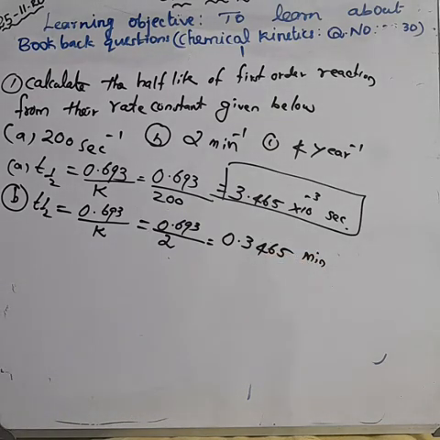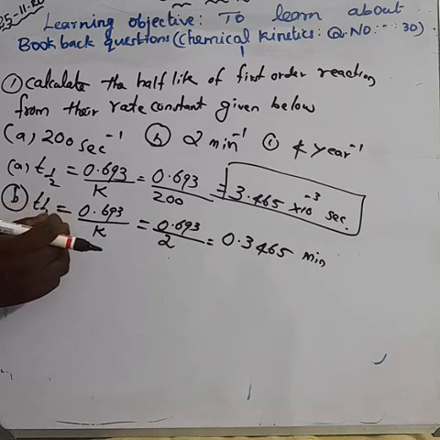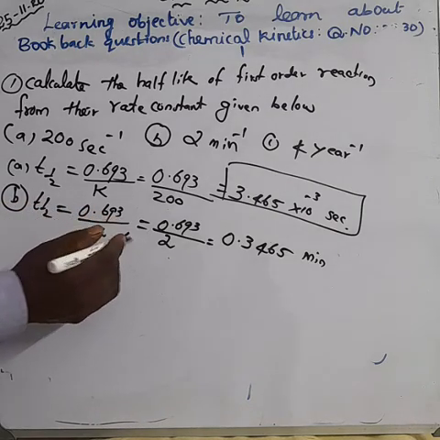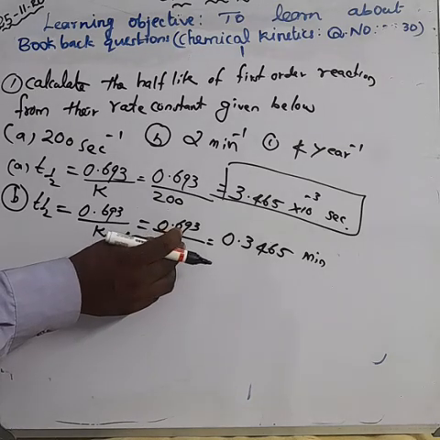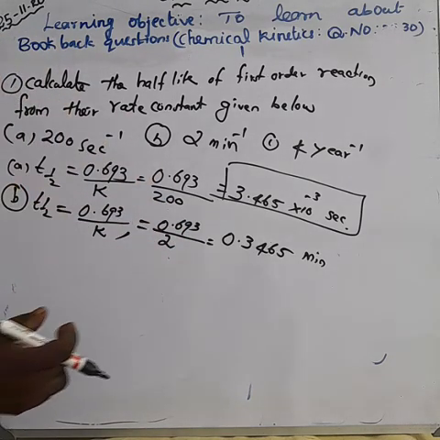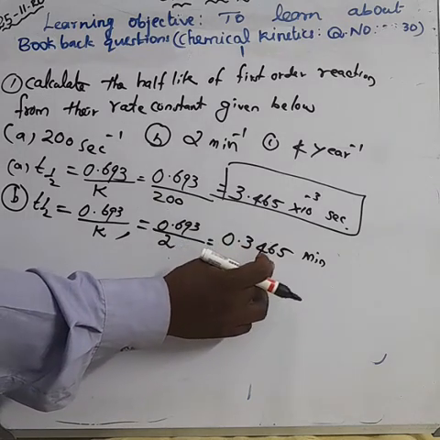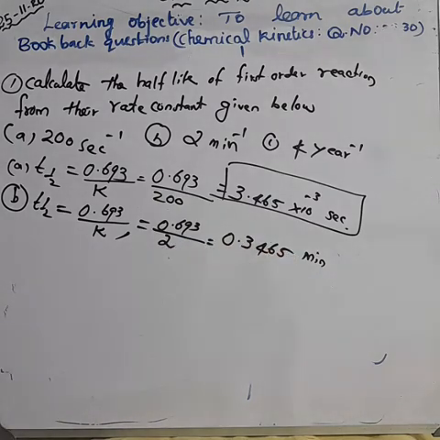For a 3-mark question, writing the formula scores 1 mark, substitution 1 mark, so 2 marks are over. Then write the answer and also the units, that also scores 1 mark. Total 3 marks.